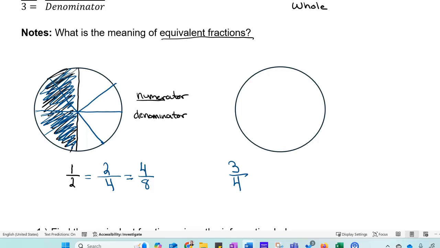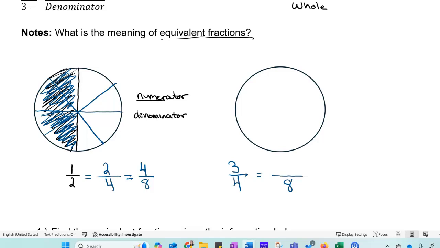And then I want you to also figure out, well, what if we had 8 pieces? Then what would your numerator be? So again, go ahead and pause the video, figure that out, and then I'll go ahead and do it for you. So we're drawing a picture that represents 3/4 and then also a denominator with an 8 and some numerator.